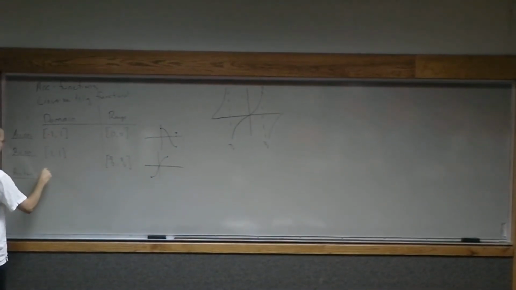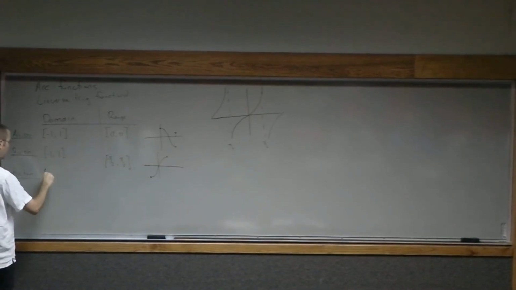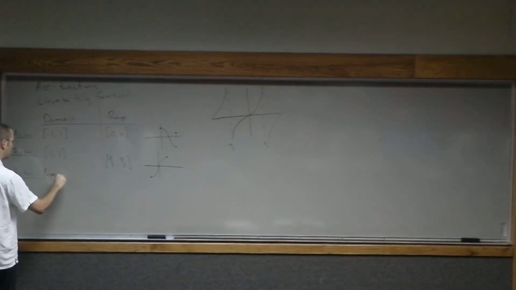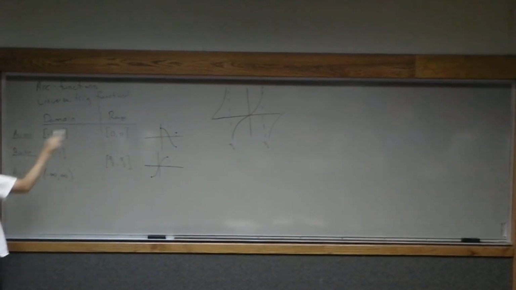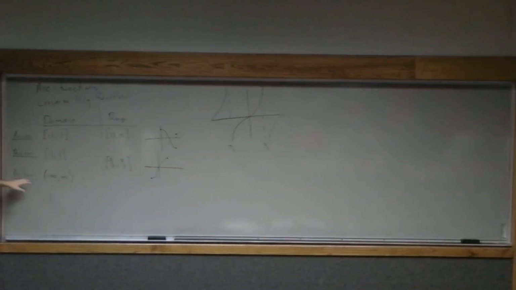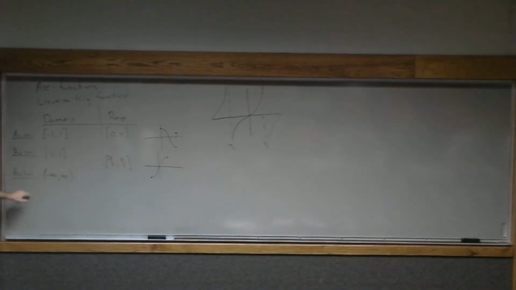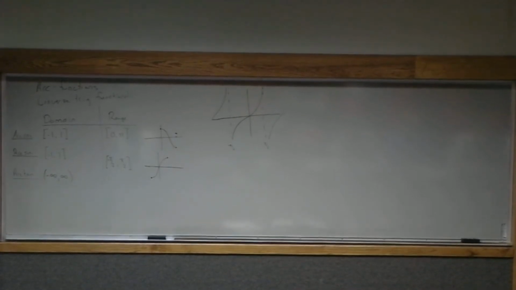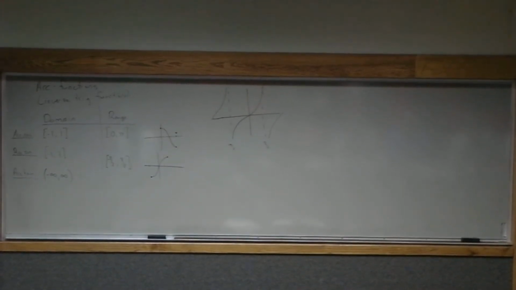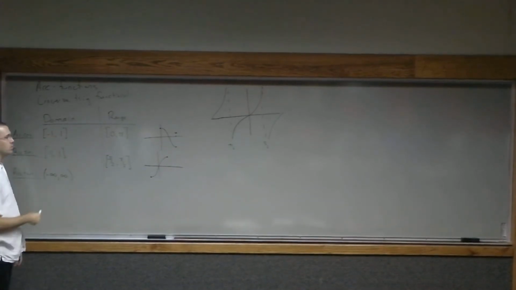Well, that's the domain: the outputs of the original tangent are the inputs for our arc tangent. Now, in order to have an inverse function, our tangent graph has to be one-to-one. Where do I need to restrict myself in order to make this graph a nice one-to-one graph?